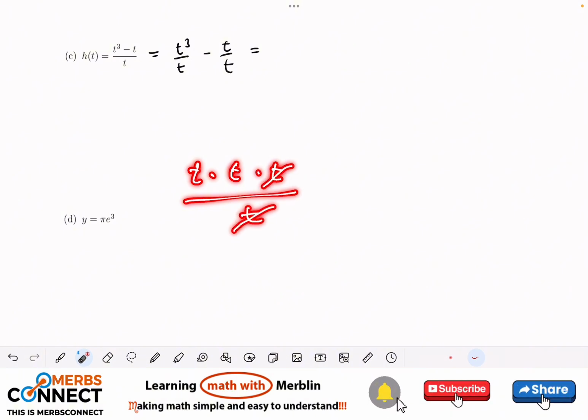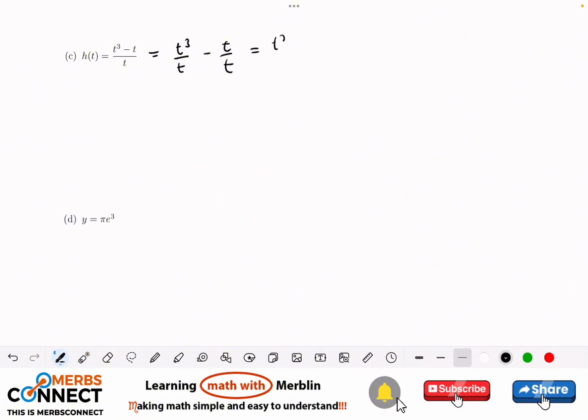So 1 t will cancel t, which will leave us with t times t, which is t squared. Then t over t is 1. So now you see that our h of t is t squared minus 1 after the simplification. So h prime of t will be equal to, using the power rule, 2t. When I differentiate negative 1, it is a constant, so I'll get 0.